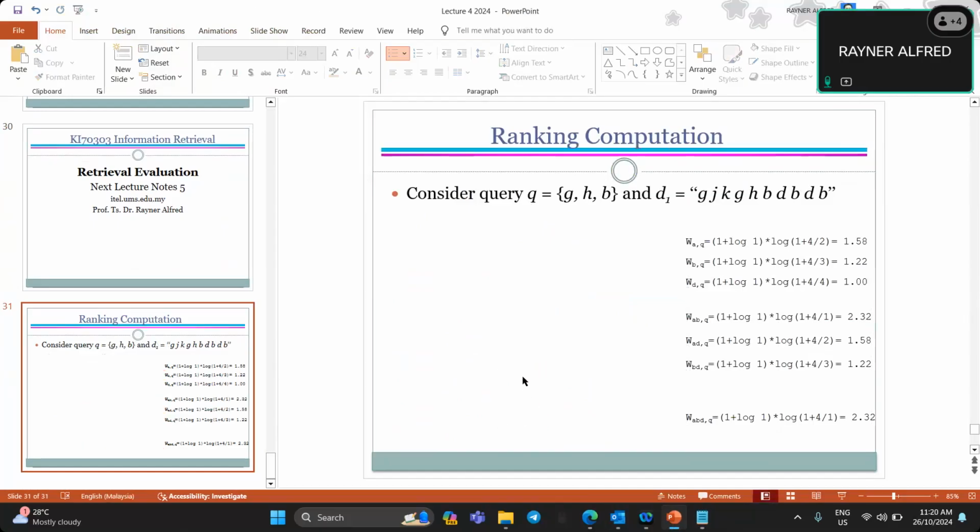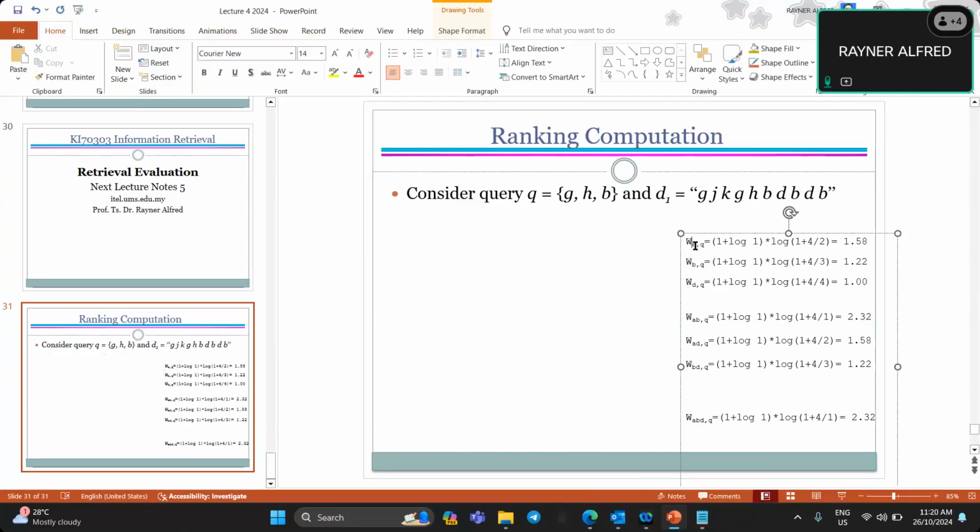So what is the weight for G in Q, and H, and also for the B? And this is the GH.